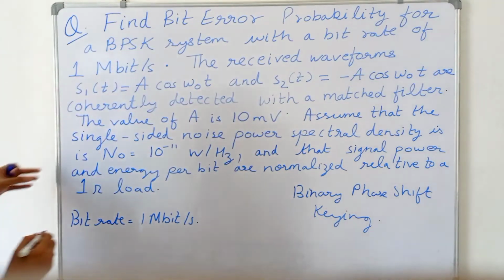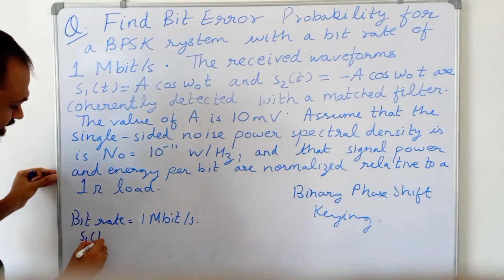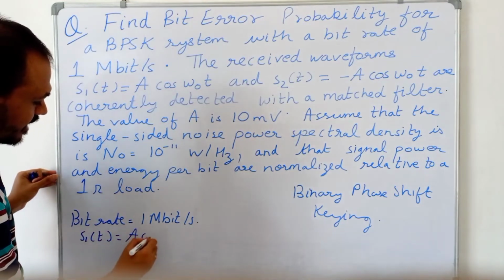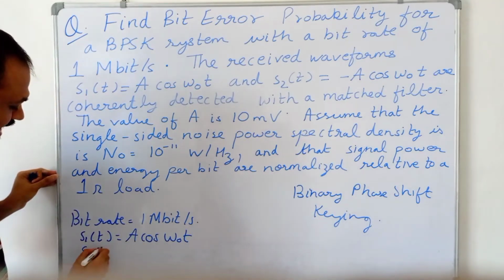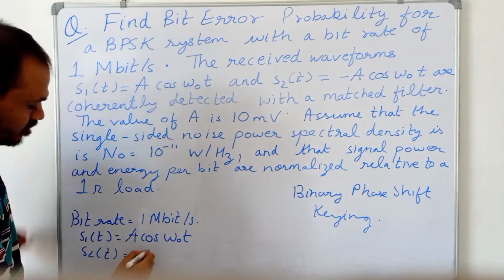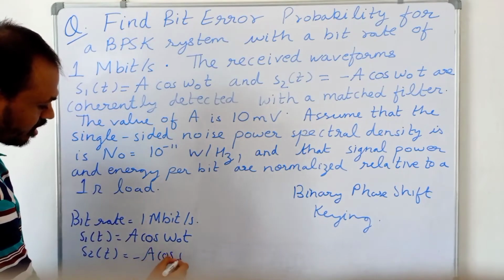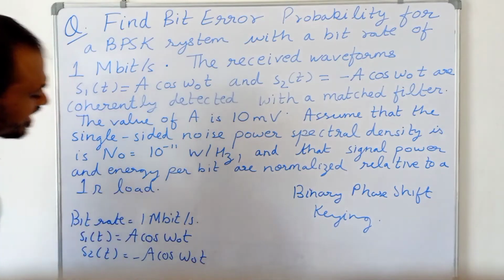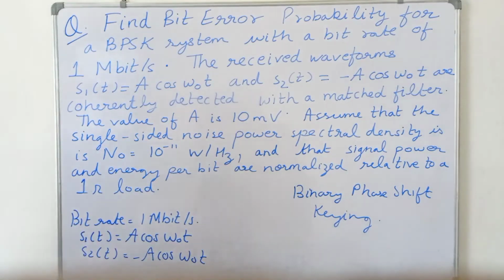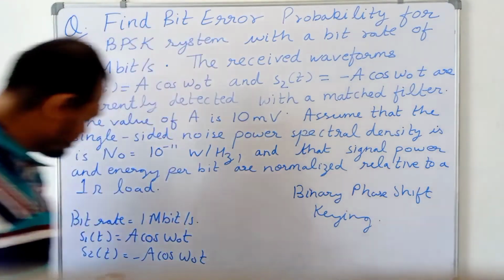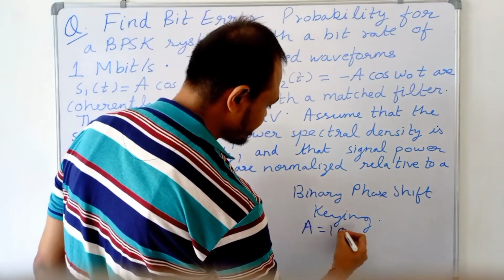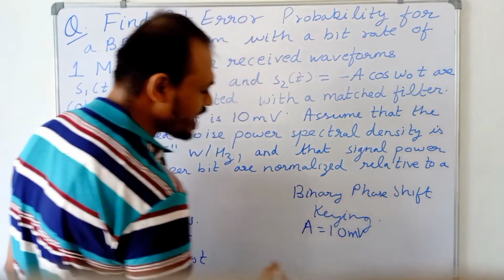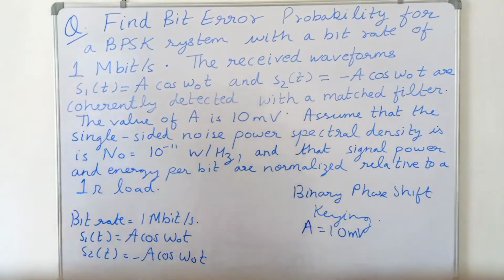So what we are given is S1(t) is equal to A cos(omega naught t) and S2(t) is equal to minus A cos(omega naught t), and these are coherently detected with a matched filter, and the value of A is given as 10 millivolt, so we can also write it as 10 to power minus 2 volt.